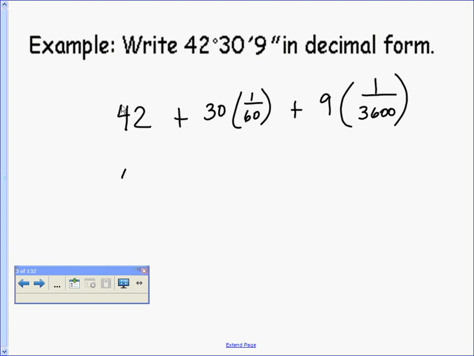Which is going to give us 42 plus 30 over 60, which is a half, plus 9 over 3,600, which is going to give us 1 over 400.